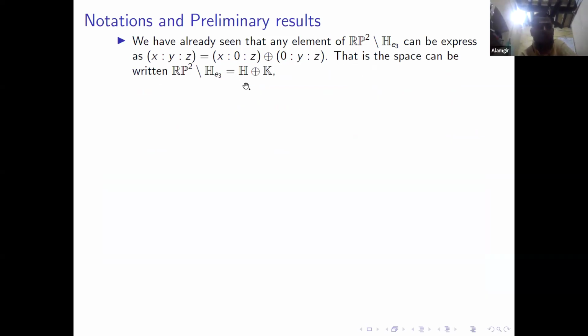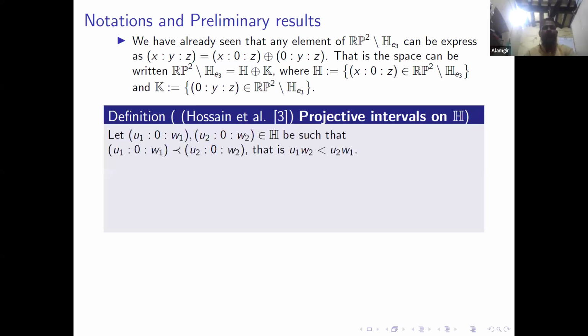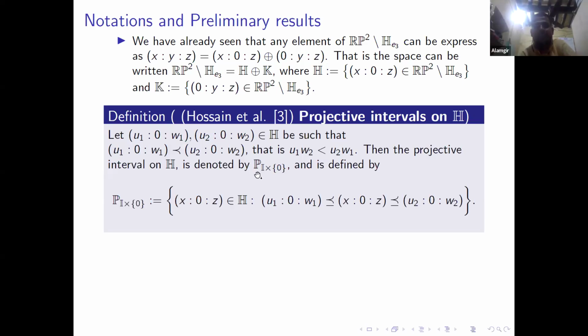Here we use different notations, H and K, where H consists of those class elements where the Y coordinate is 0 and K consists of those where the X coordinate is 0. And we have already seen the projective interval: if we consider two elements that are strictly less than each other, then the interval is denoted by pi, and that is the projective interval.